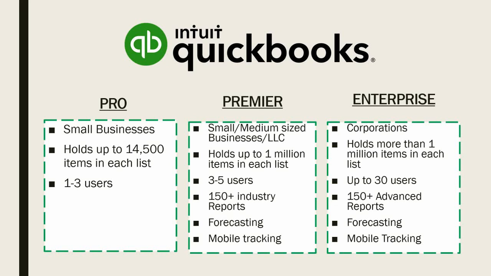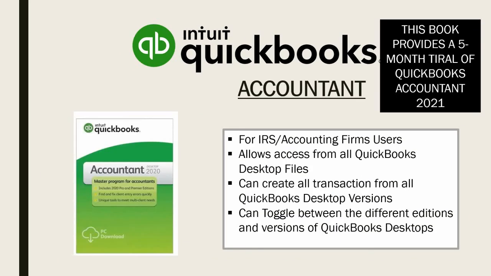There's no point in having all 3 available to you, because you're better off just having one of the 3 programs, whichever one fits your business. But all 3 of them have the capability to create what's called the accountant's copy.